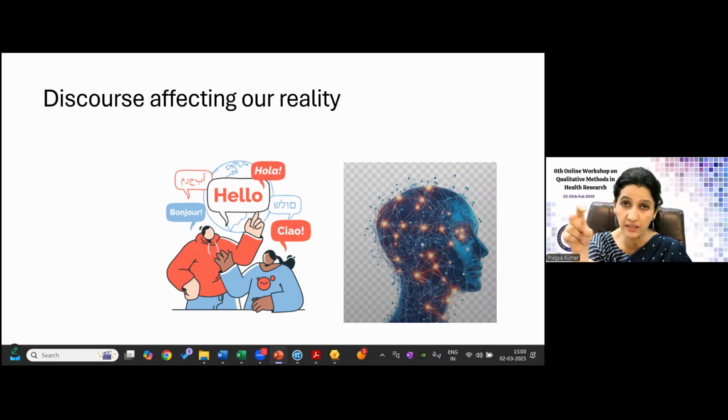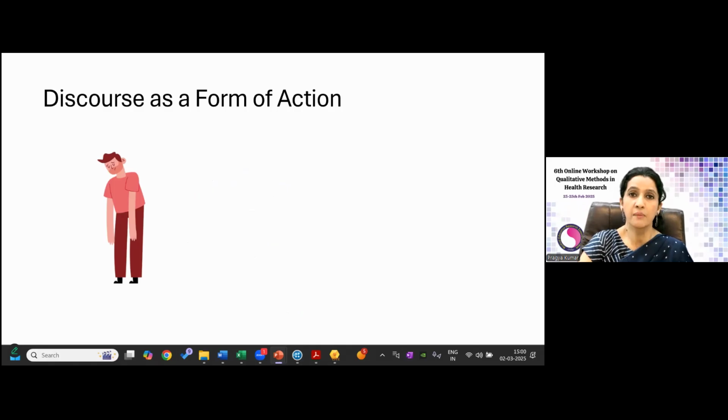What content in the written or spoken language or any symbol is affecting our reality, that we study in discourse. Again, this discourse can be in the form of action also, like in power. In the case of a doctor, Dr. Joseph has given this example that their attitude is like we are superior and the patient is very inferior to us, so they will have to listen to whatever we have to say.